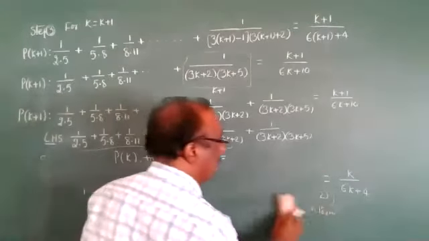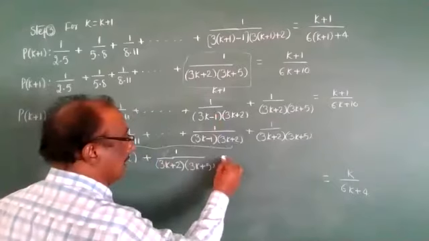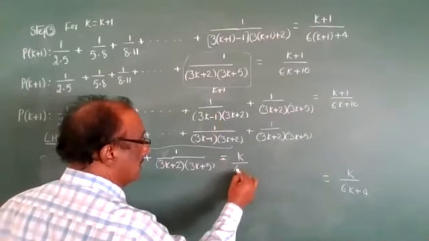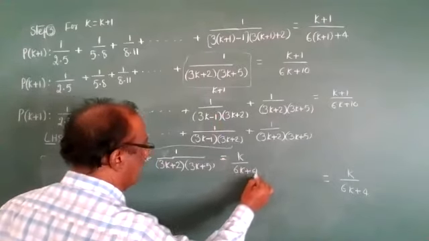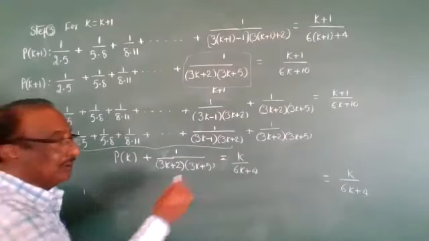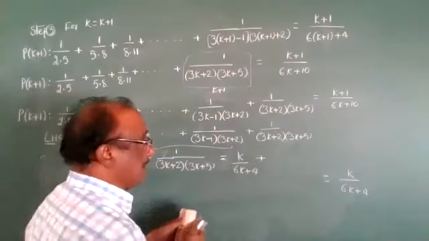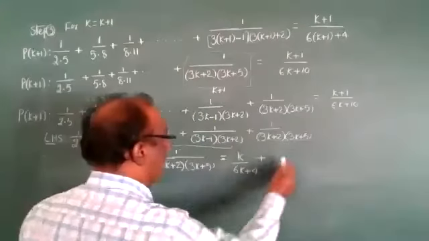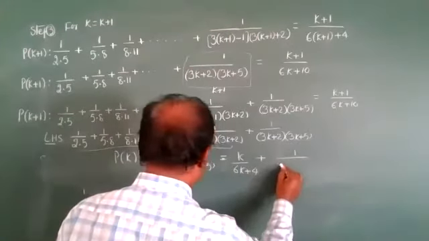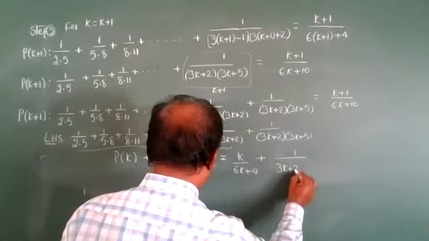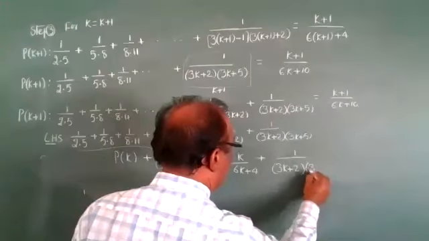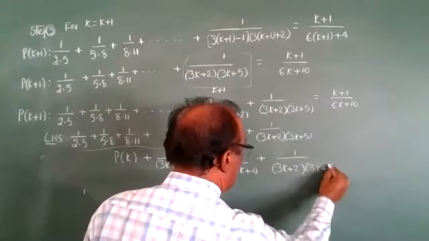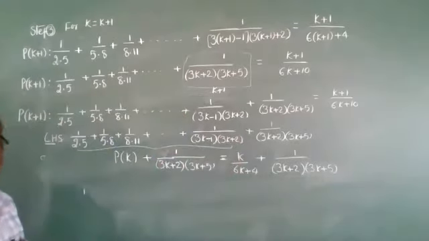Already we have the value, what is the value? It is k by (6k plus 4), up to k terms, plus the k plus 1 value. Write down, what is that? 1 by (3k plus 2) into (3k plus 5). Right. Now take LCM and simplify.